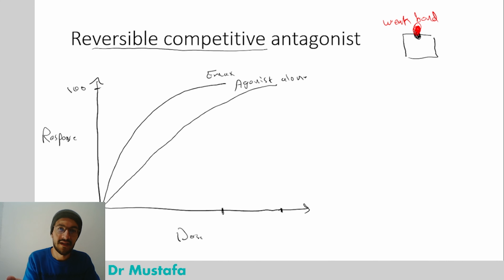That's because when we add more agonist, the agonist would reverse the antagonism, because the reversible antagonist is bound by a weak bond, and it is easy to reverse the binding of this antagonist, and it would unbind and let the agonist, which is in high concentrations, bind to the receptor, and we also reach the Emax. So that's the Emax for the agonist plus the reversible competitive antagonist.